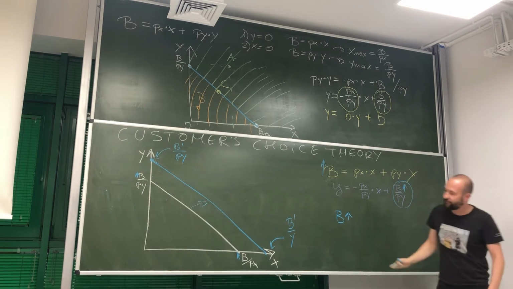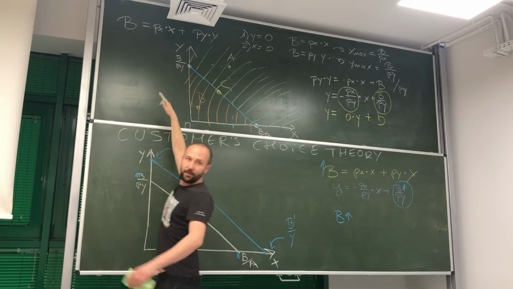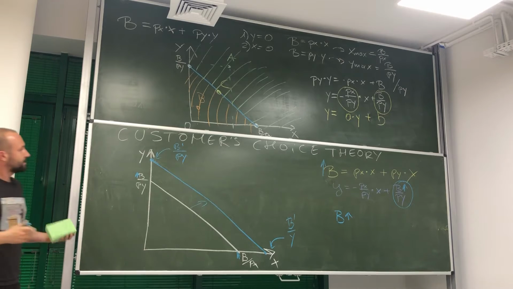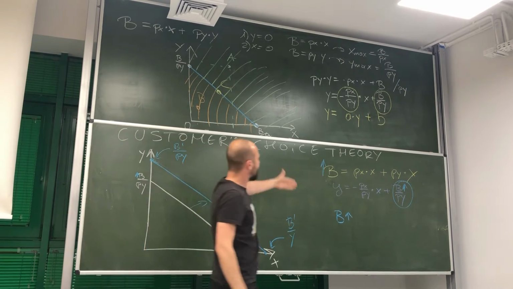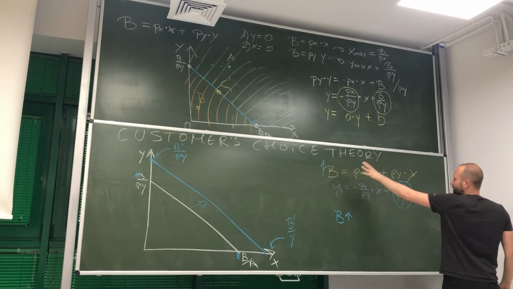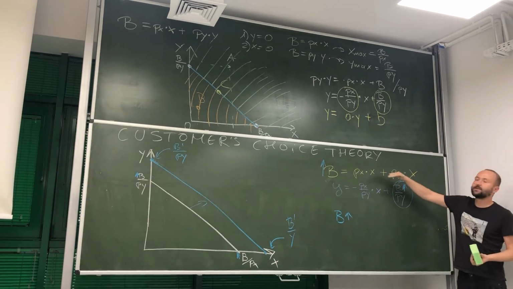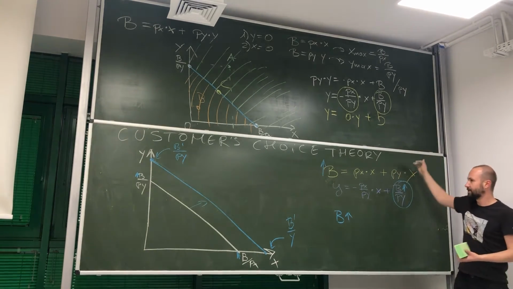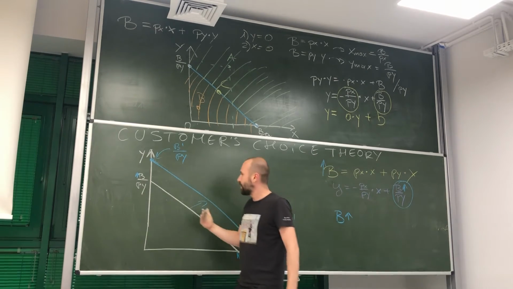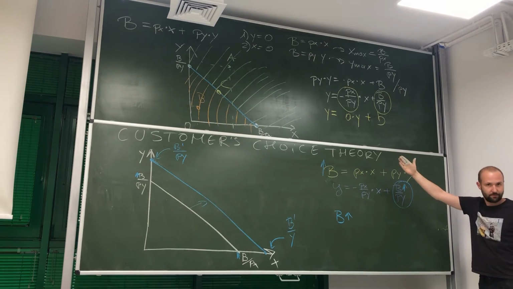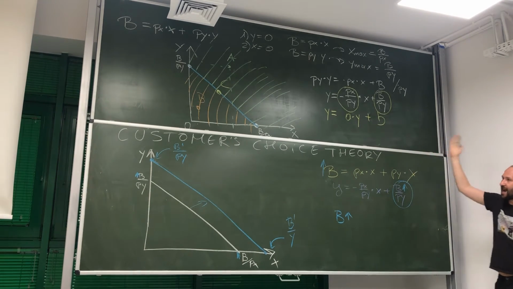So our linear function is simply moving upwards. Okay, so we see that every time when customers' budget increases, we will see that customer can buy more of both goods. So we will see this one as a parallel shift upwards, right? Parallel shift upwards.